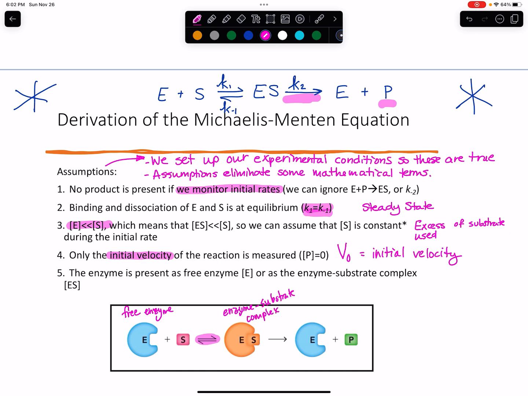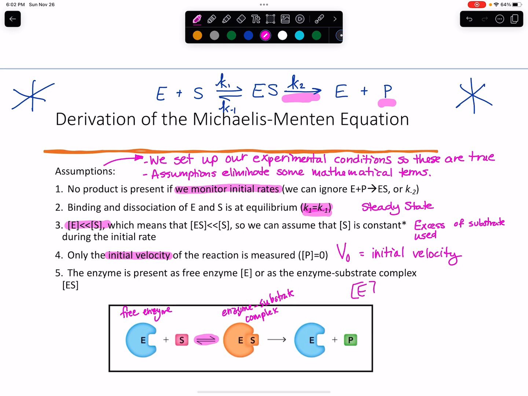So the total amount of enzyme present at any time, we would write as E in square brackets with subscript of total, and it is going to be the sum of any free enzyme and any enzyme that is in the enzyme substrate complex. Okay? So this is stating our conceptual picture. This is turning that conceptual picture into an equation that's going to be used in our derivation, all right?